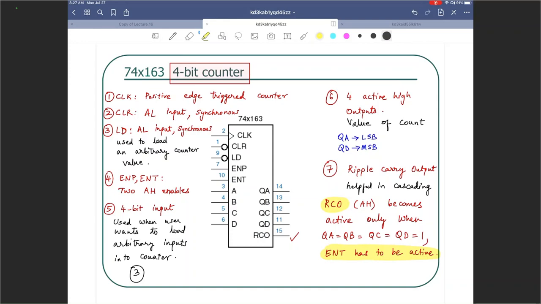Because there is a possibility that the counter is at 1 1 1 1 and the ENT is inactive, right? ENT has to be active in order for it to be counting. If it is not counting and it is just staying there at 1 1 1 1, then the RCO could be high, could be low. That depends on ENT being active or low.